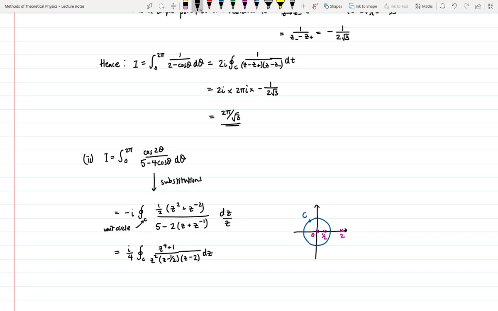You can check the order of the poles yourself, but I'm going to write down here that the integrand has a pole of order 2 at z equals 0, and simple poles at z equals a half and 2.